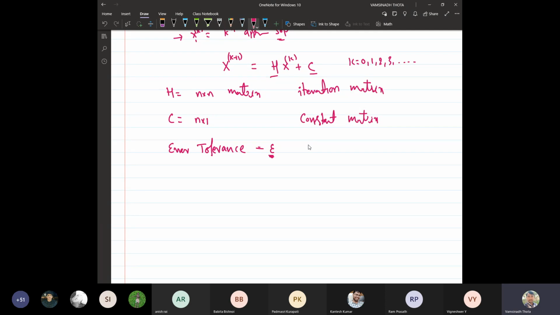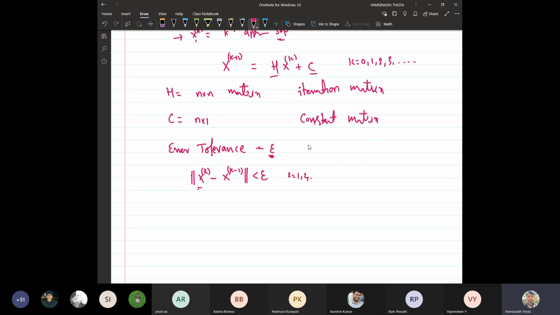The criterion is that the norm of the kth iteration solution minus the k minus 1th approximate solution should be less than epsilon. After evaluating the kth approximate solution, you need to check the difference between the kth and the k minus 1th approximate solutions.